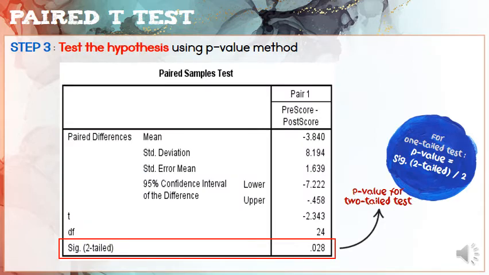We can also test the hypothesis by using the p-value method. The p-value will be given in your SPSS output, and dia bagi you p-value for two-tailed test. Please keep in mind that for a one-tailed test, you should divide your p-value by 2.